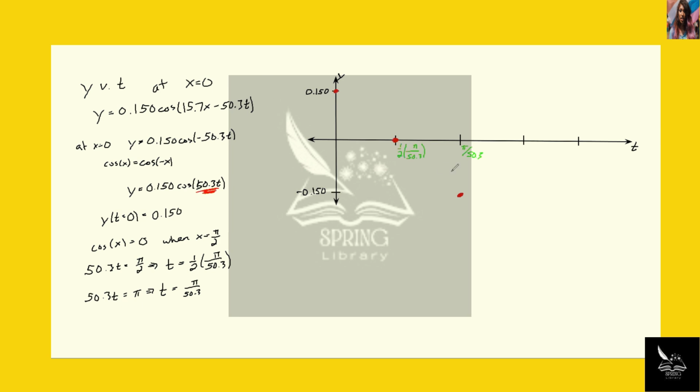Now we know cosine again is going to come back up and hit 0 when the argument of the cosine equals 3 pi over 2. So now we can set 50.3t equal to 3 pi over 2. And again, solving for t, we get t equals 3/2 times pi over 50.3. And again, we can label that on our plot.